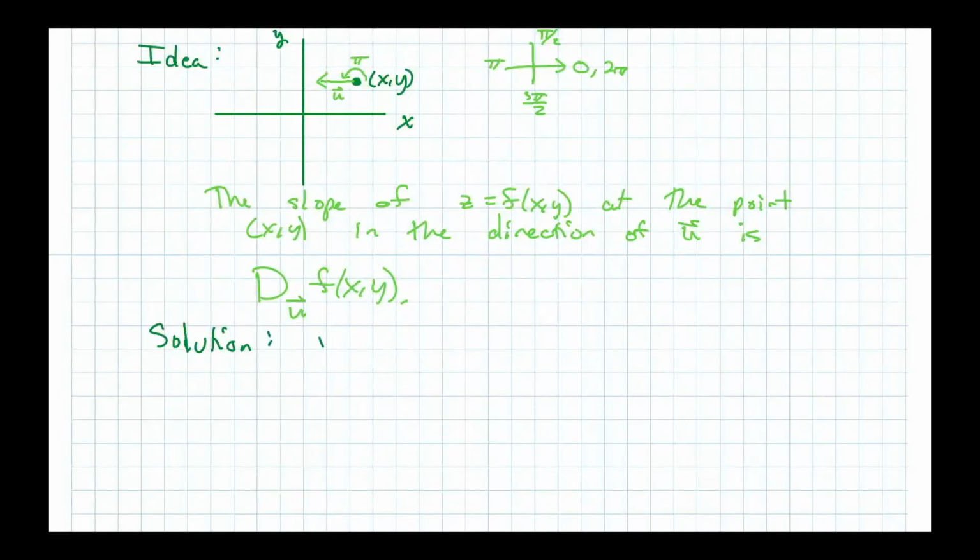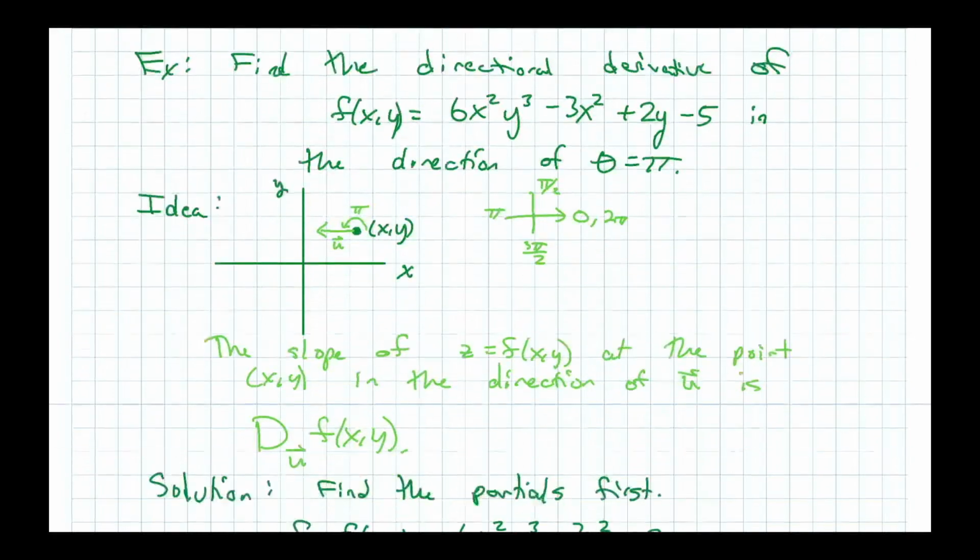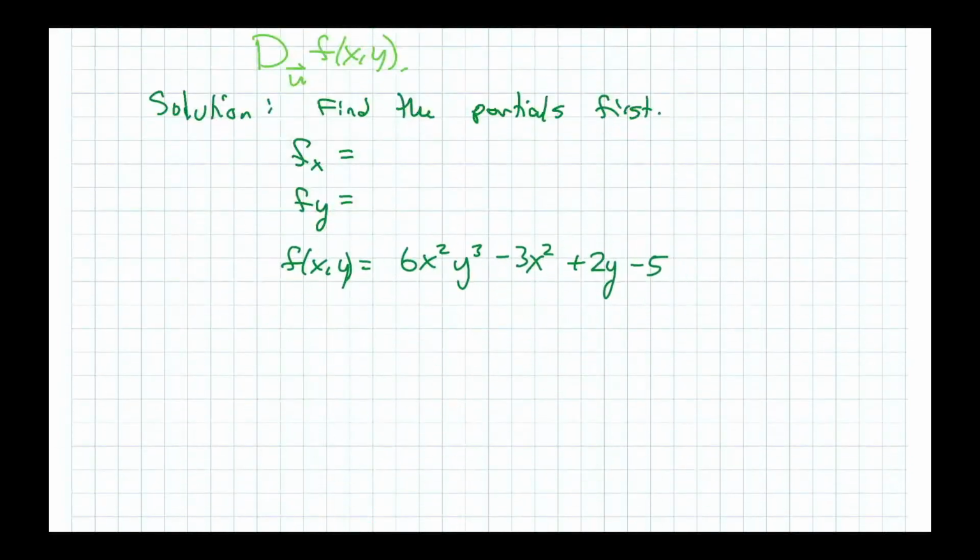So find the partials first. Okay, so we need fx and we need fy. I'll copy this and duplicate it, come down here just so I can look at it while I'm doing this. And let's go.